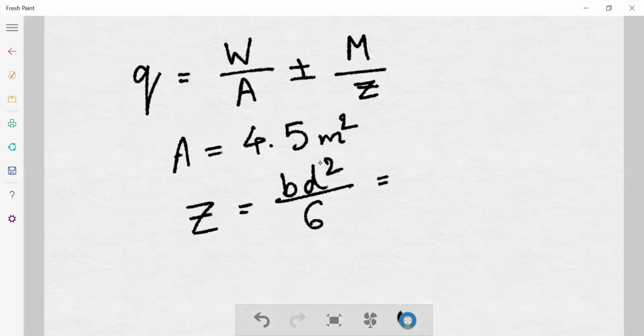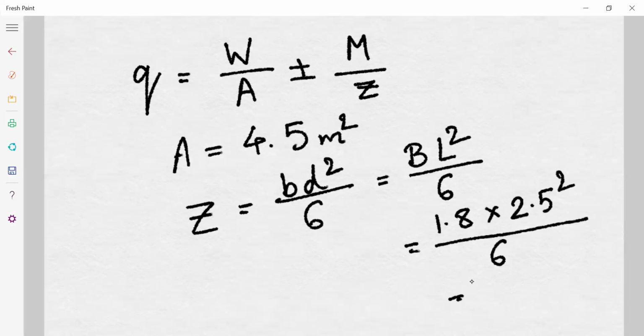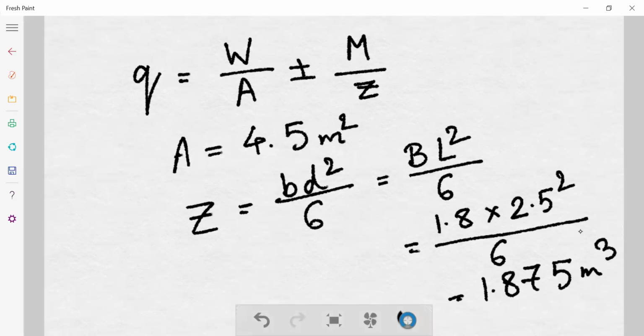In this case it is B L square by 6, so it becomes 1.8 into 2.5 square by 6, which is 1.875 meter cube. Let me just recheck the values. 1.8 into 2.5 square by 6 gives 1.875 meter cube.